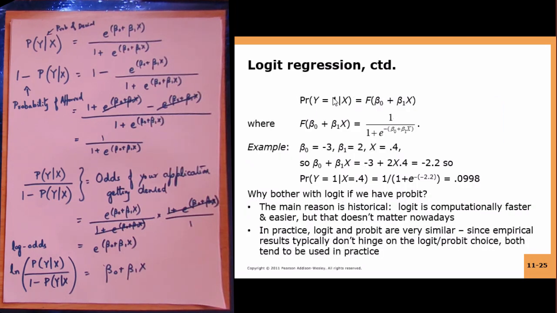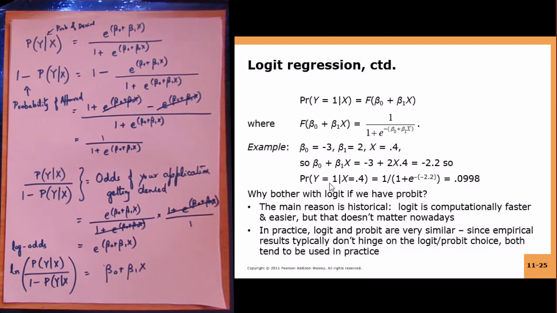Basically, this is how you state it, and if you estimate it, suppose you get beta 0 as -3, beta 1 as 2 and x as 0.4. So beta 0 plus beta 1 x, which is the z index, is -2.2.